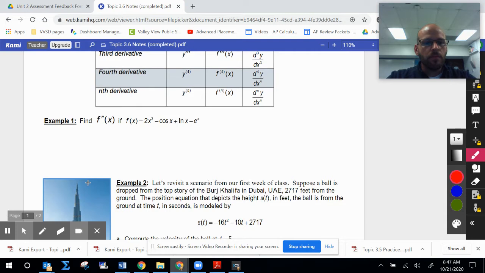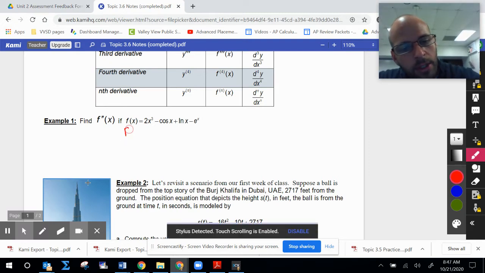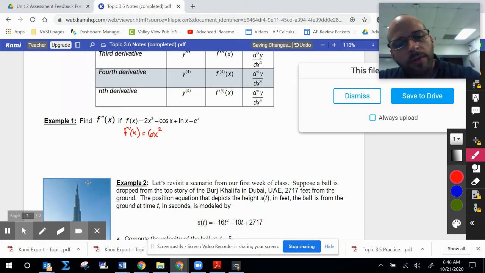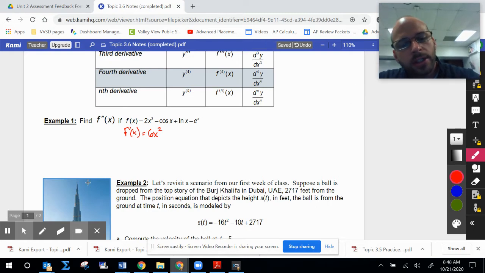So example 1, I want the second derivative of f. So I have to start by taking the first derivative. I'm going to start with f prime, and we can just use sum and difference rules here. So I get a 6x squared. The derivative of negative cosine is going to be a positive sine.